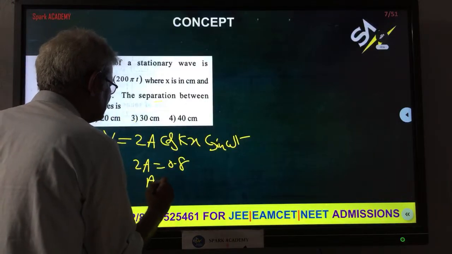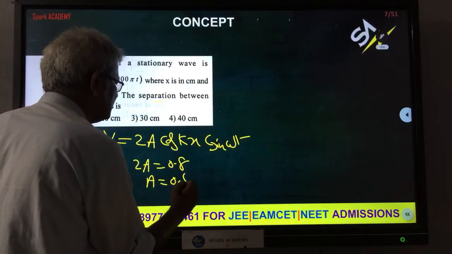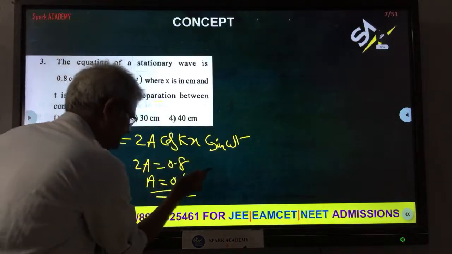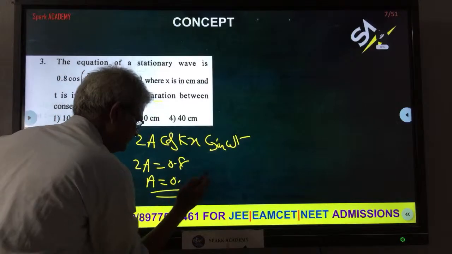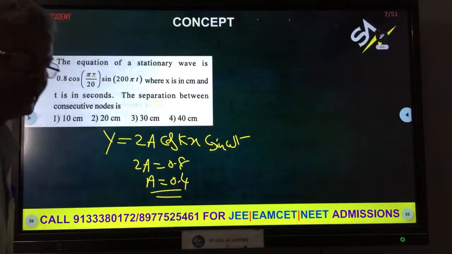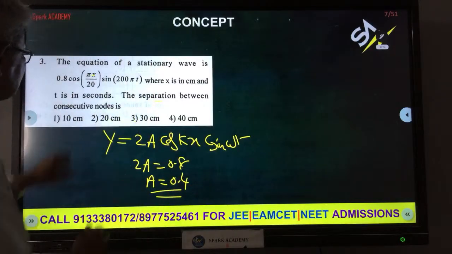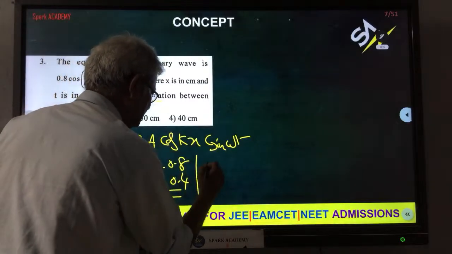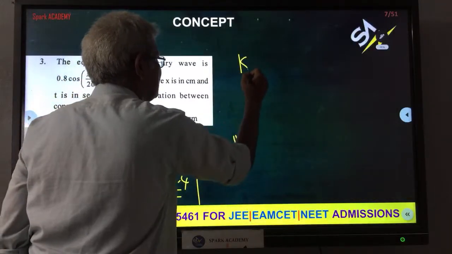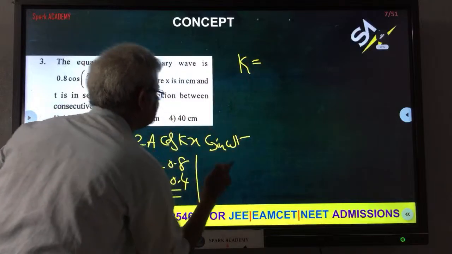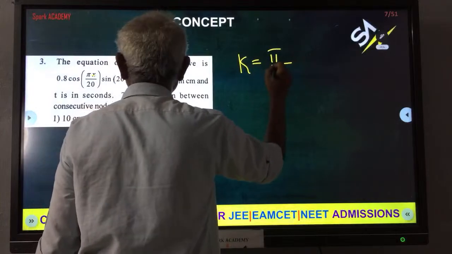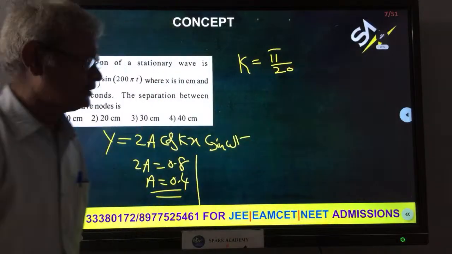So the amplitude of the individual wave is how much? 0.4 centimeters. And what is the coefficient of x, that means k? So here I write k is equal to how much? Pi by 20. K is equal to pi by 20.